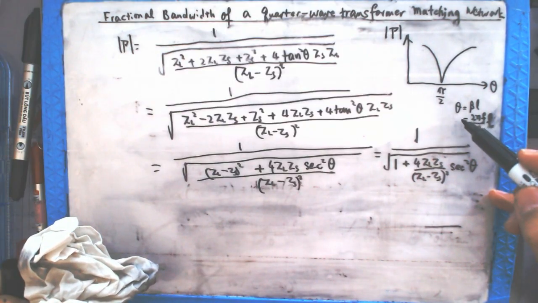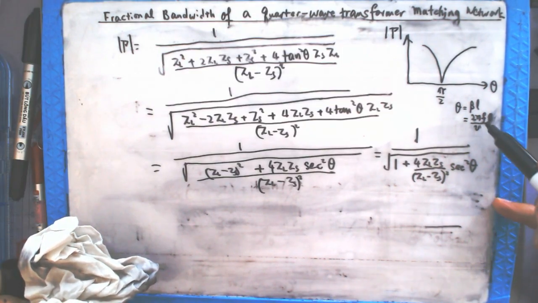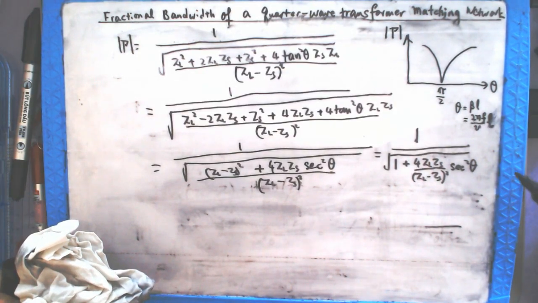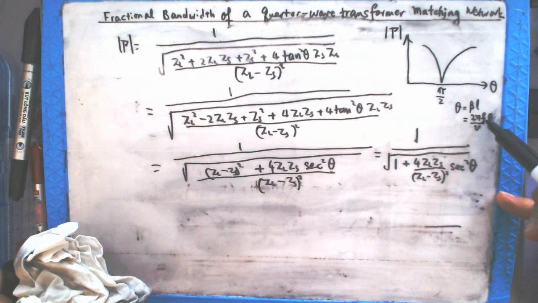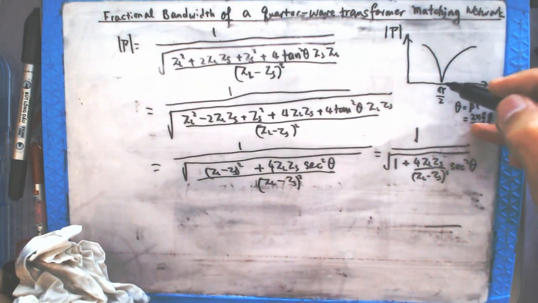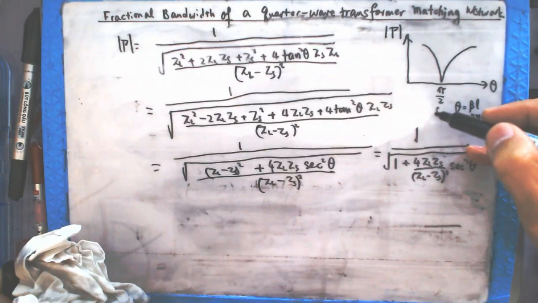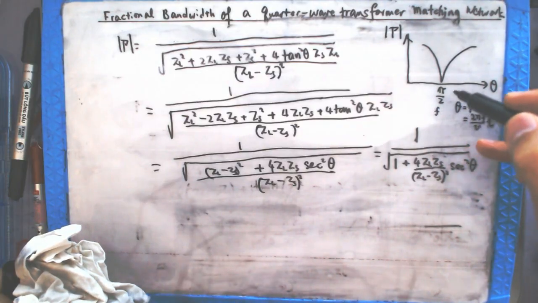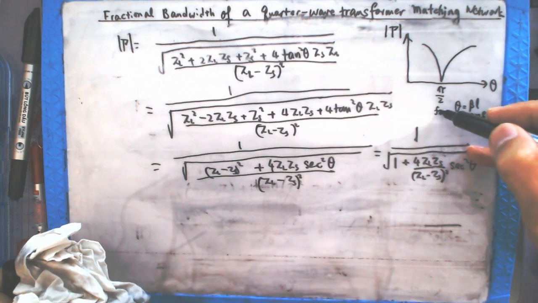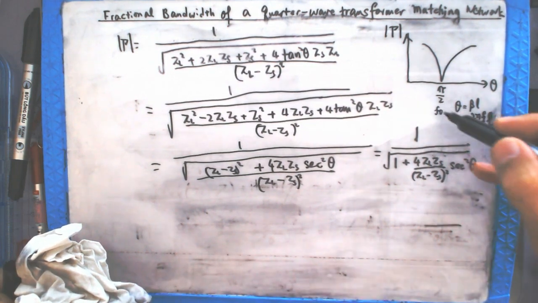The only thing that changes is beta and frequency. At different frequency, the value of beta is different. When frequency is right at resonant frequency, this one corresponds to beta pi over 2, which is the frequency at resonance.